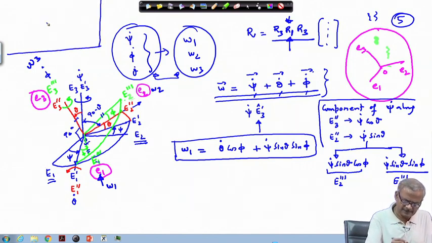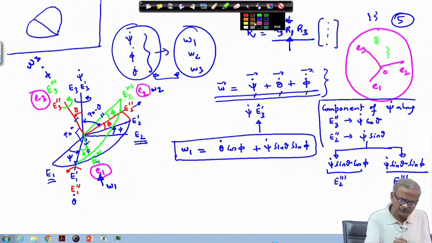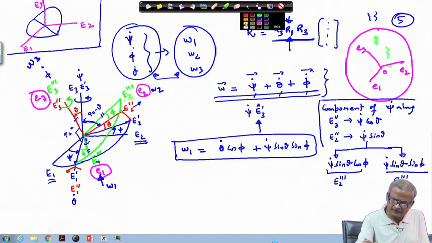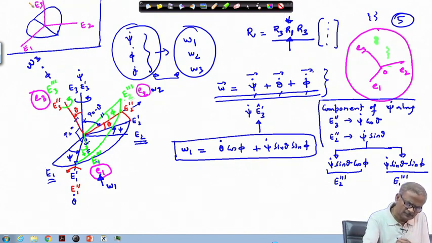This picture can be represented as this is your capital E 1, capital E 2, capital E 3. Then once you have rotated, it means this plane you are rotating by theta. So, here this angle is your theta.